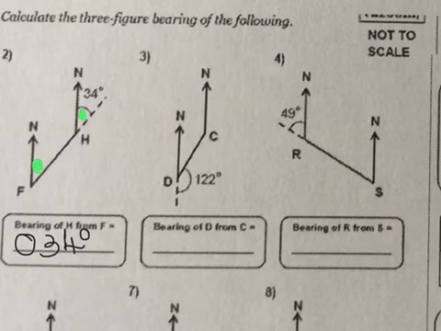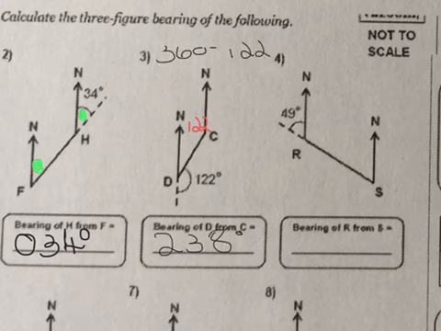So that angle there is the same size as this one here. So if we know that this one's 122, angles around a point add up to 360. We take 122 away from 360 to get our bearing. So our bearing this time is 238 degrees.